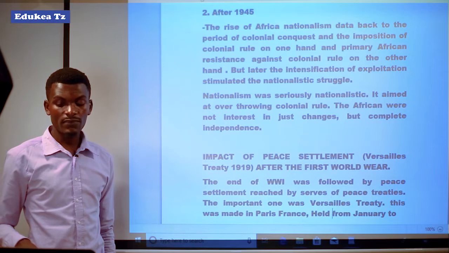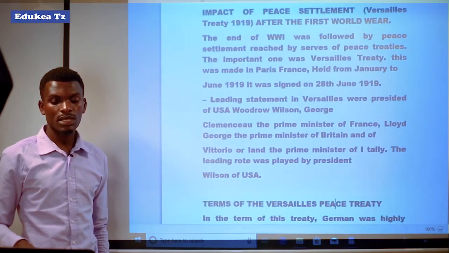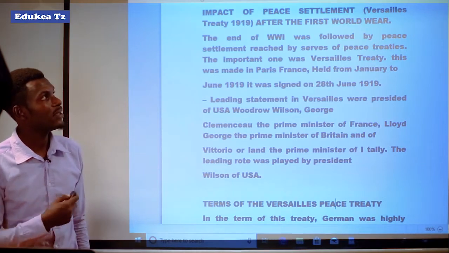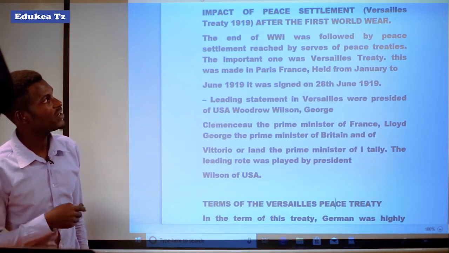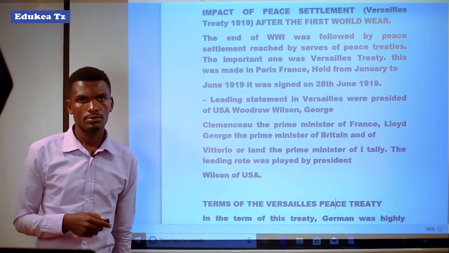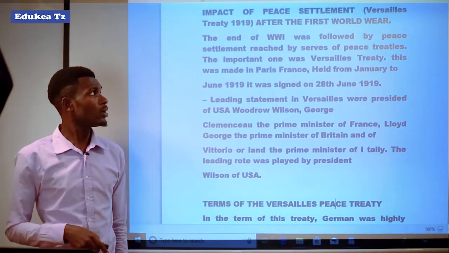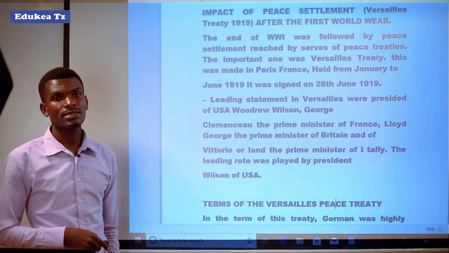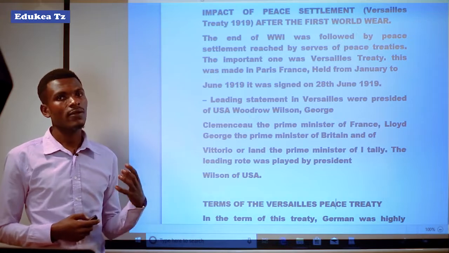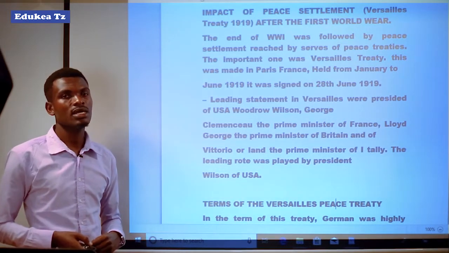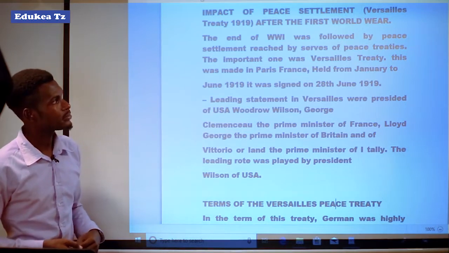So as we have been guided by the subtopics in our topic, let us see the impacts of the peace settlement, or Versailles Treaty, after the First World War. But before seeing the impacts, we can pass through the Versailles Peace Treaty of 1919.